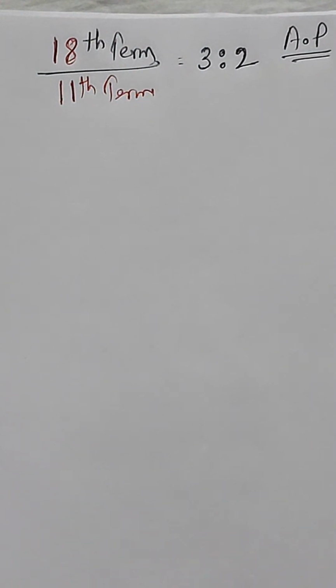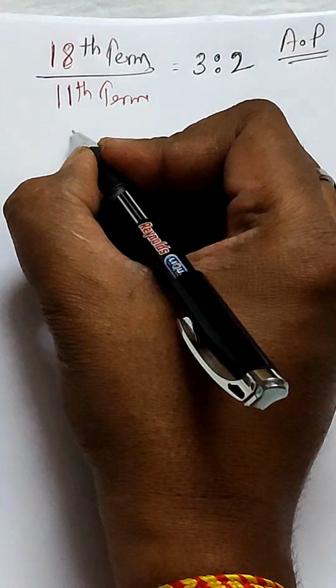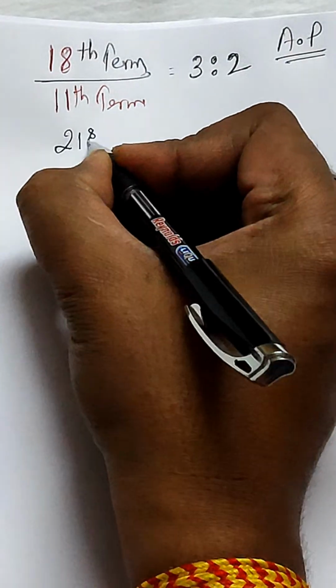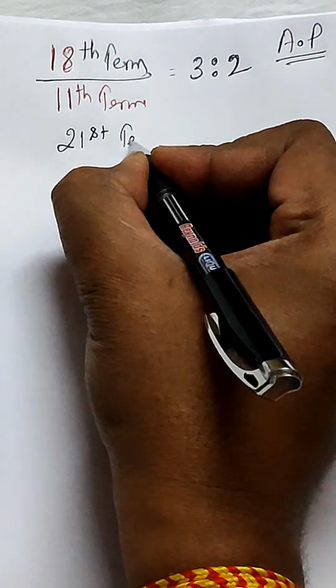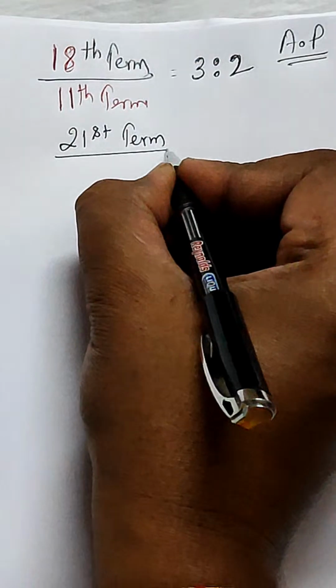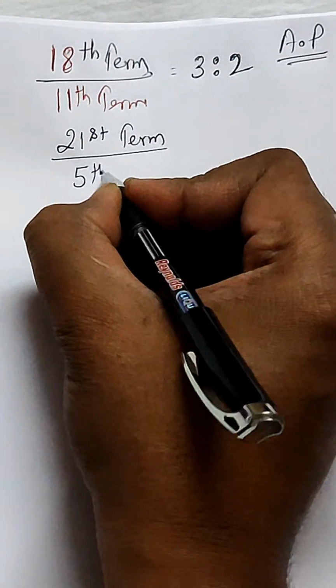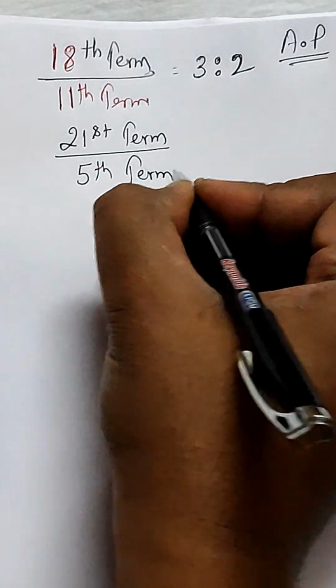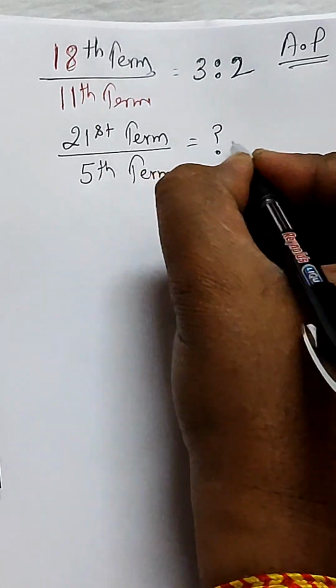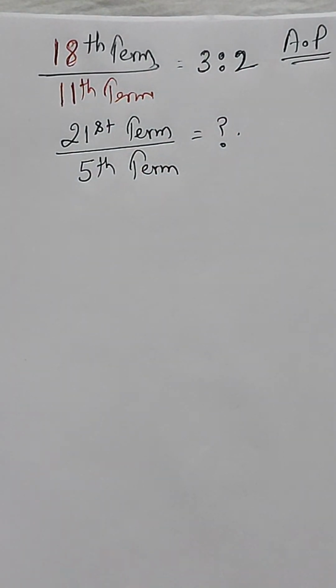Now we need to find the ratio of the 21st and 5th terms. The ratio of the 21st term and 5th term is what? That needs to be calculated, right?